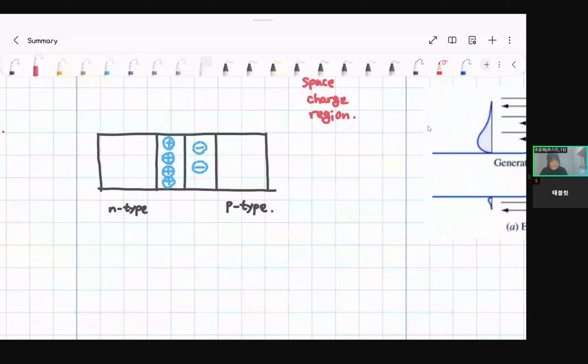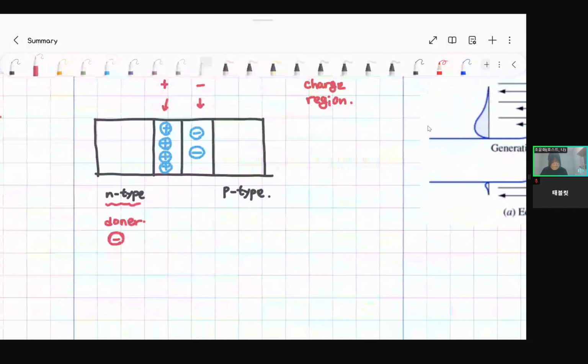Why did I draw the plus in the N-type case, and the minus in the P-type case? The N-type donor gives an electron. So by giving the electron, the donor is ionized.